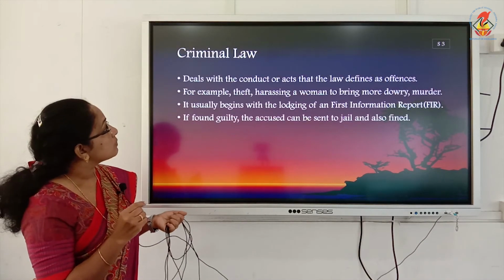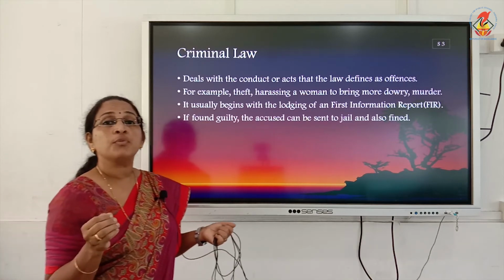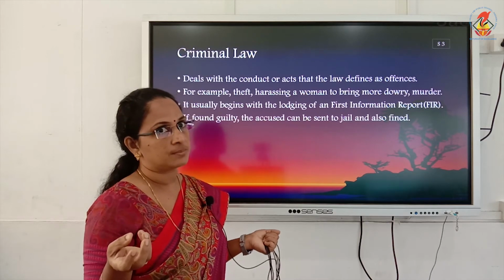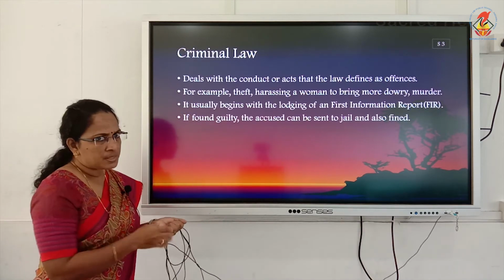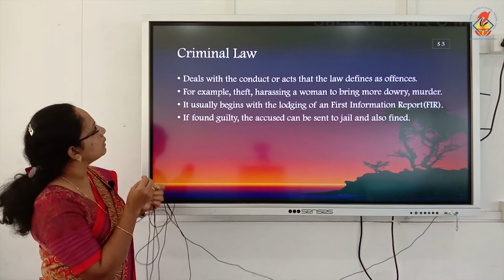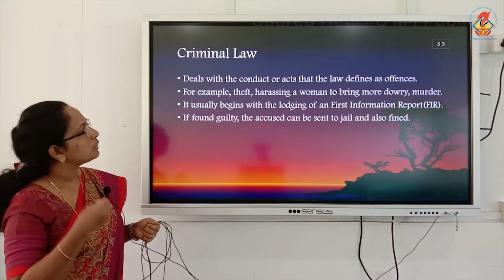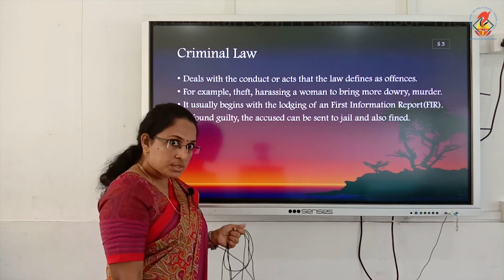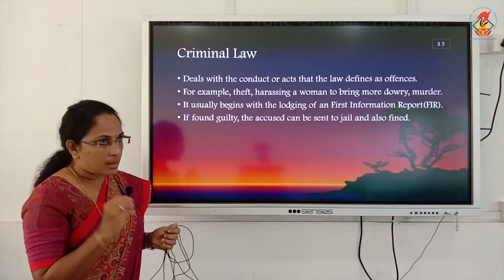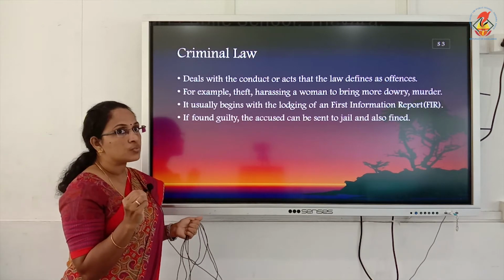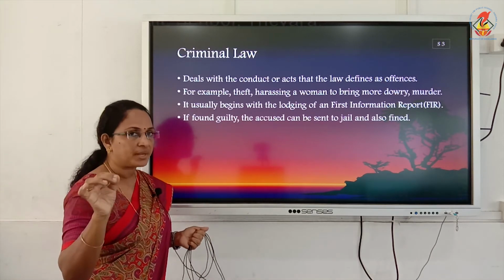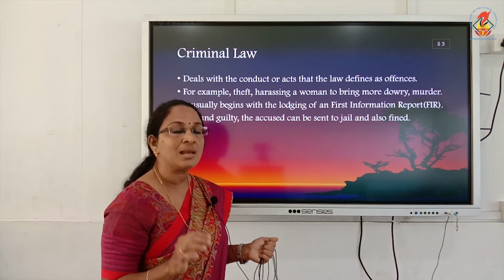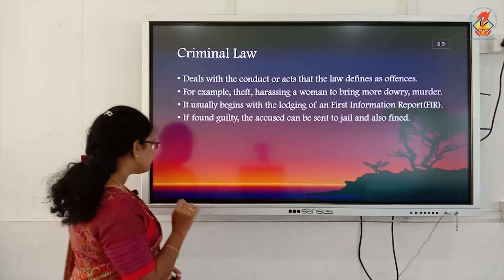Criminal law deals with the acts that the law defines as offences. Offences means an illegal act. Examples of cases included under criminal law are theft, harassing a woman to bring more dowry, and murder. Criminal law starts with a FIR, first information report. If found guilty, the person is sent to jail and also fined.